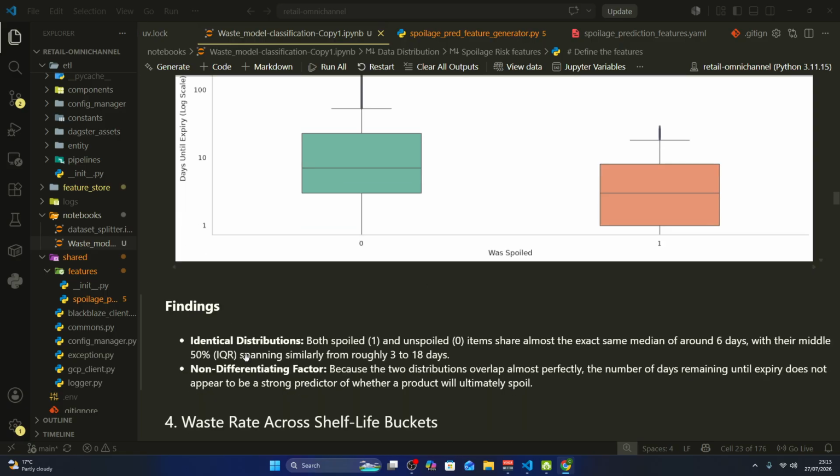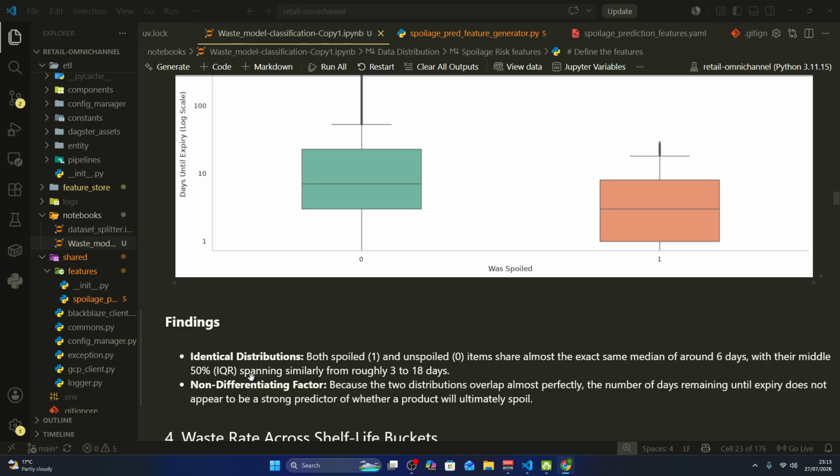Days since expiry. Okay, so identical distribution: both spoilage 1 and non-spoilage 0 items share almost the exact same median of around 6 to 7 days, with their middle 50% interquartile range spanning similarly from roughly 8 to 18 days.